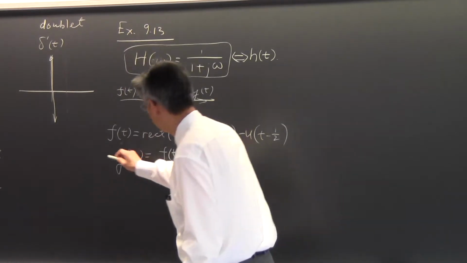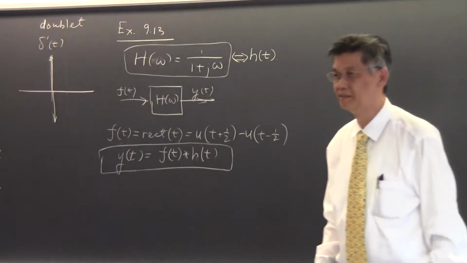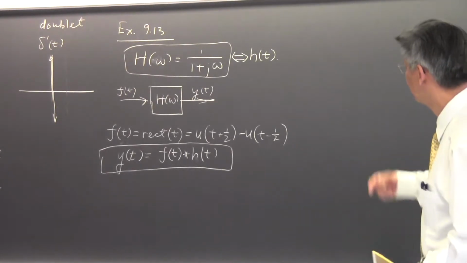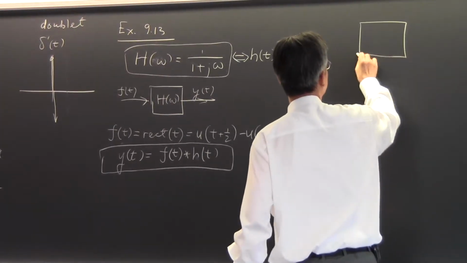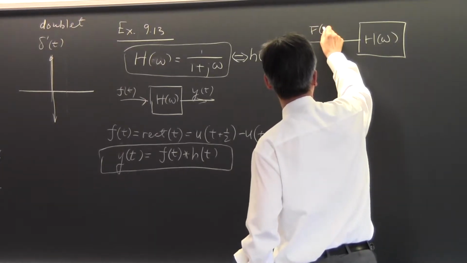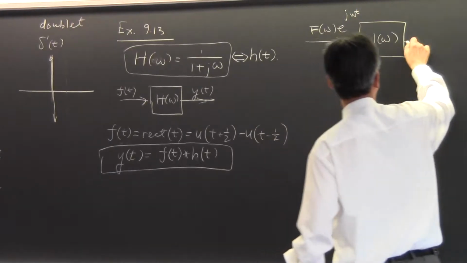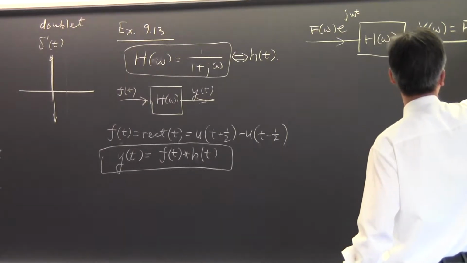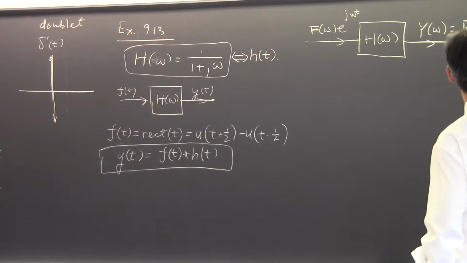Is this fact clear to everybody? It's clear, right? I can quickly rederive that if you want to. So if you have h of omega, if you have a frequency domain signal, e to the j omega t coming in, then your y of omega will be equal to f of omega times h of omega e to the j omega t, right?